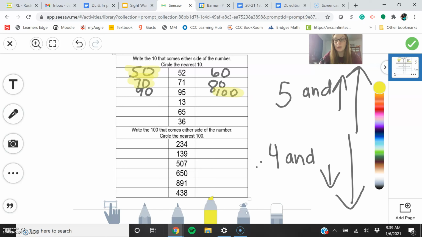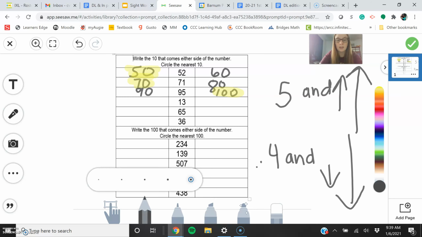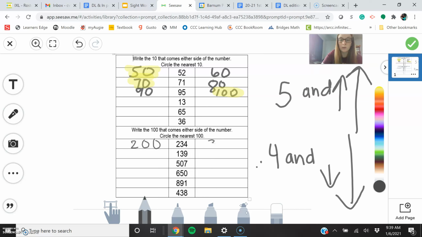Now I want you to try the other 3, because we did 3 together up on the top. Now let's try 1 or 2 on the bottom. Write the 100 that comes either side of the number, and then circle the nearest 100. So when we look at this, we have 200 on this side or 300 on this side.